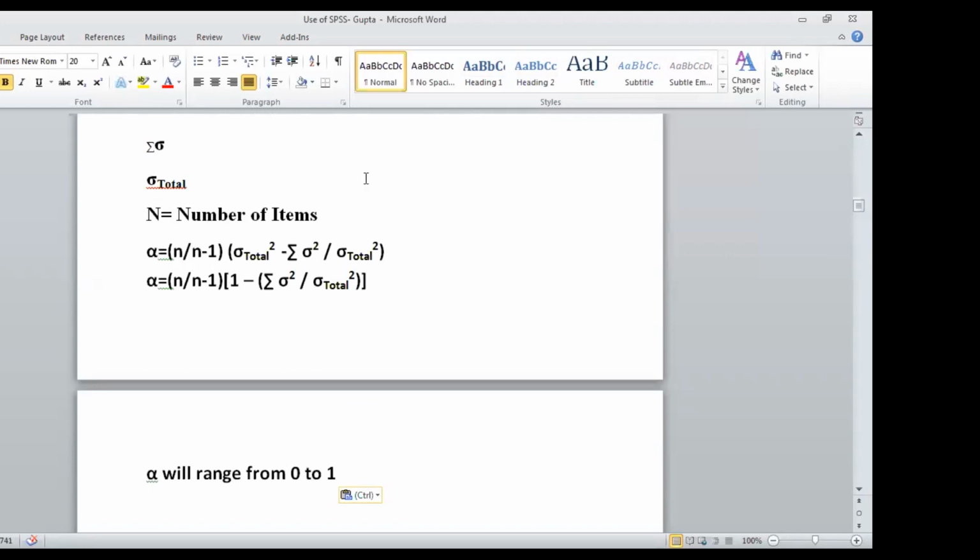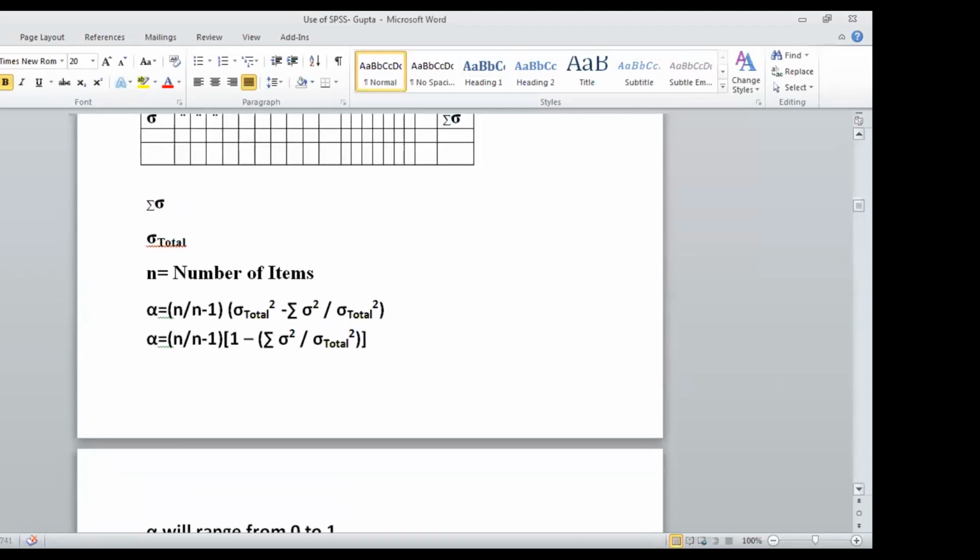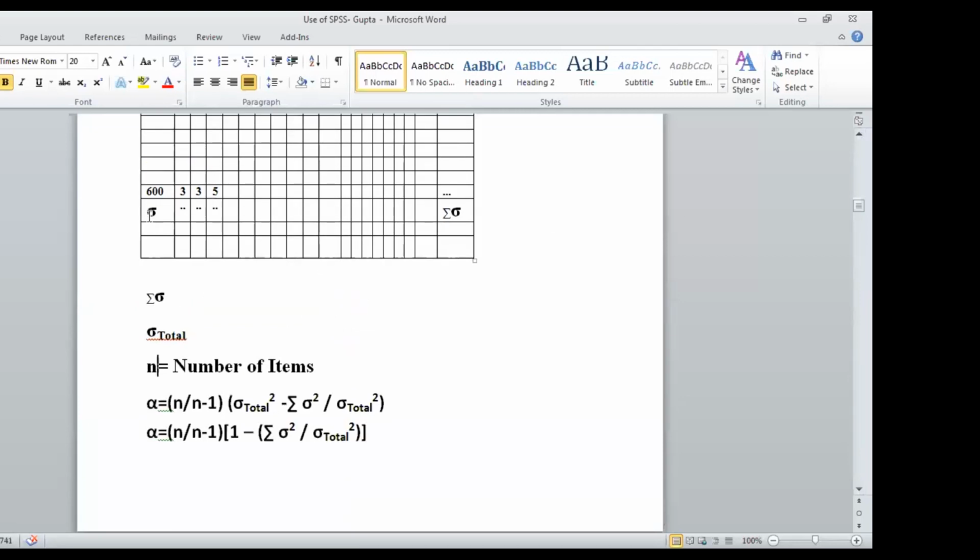You know n, if you want, you can denote it by small n, and you know your sigma total, and you know your sigma. So what you have to do is that each is to be squared.